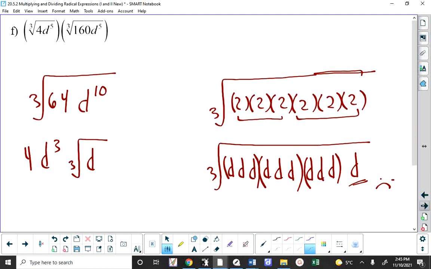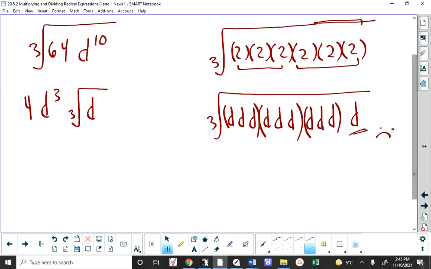Put another way, if I were to move this D cubed under the radical sign, I would have to put it 3 times: a D cubed, a D cubed, a D cubed.